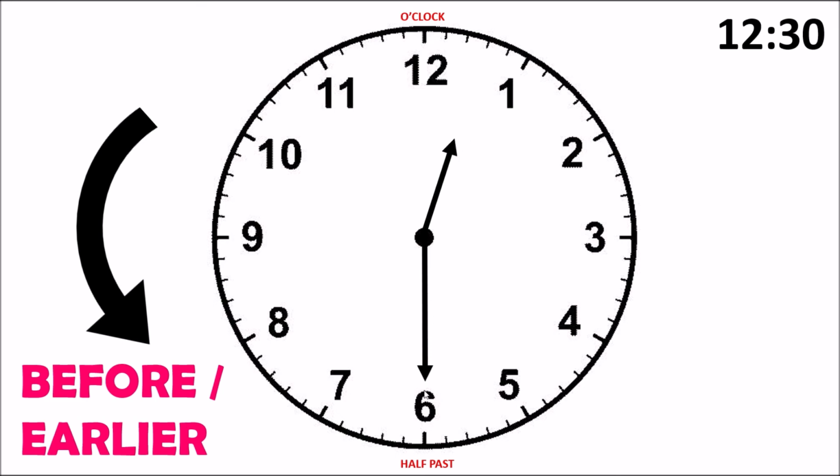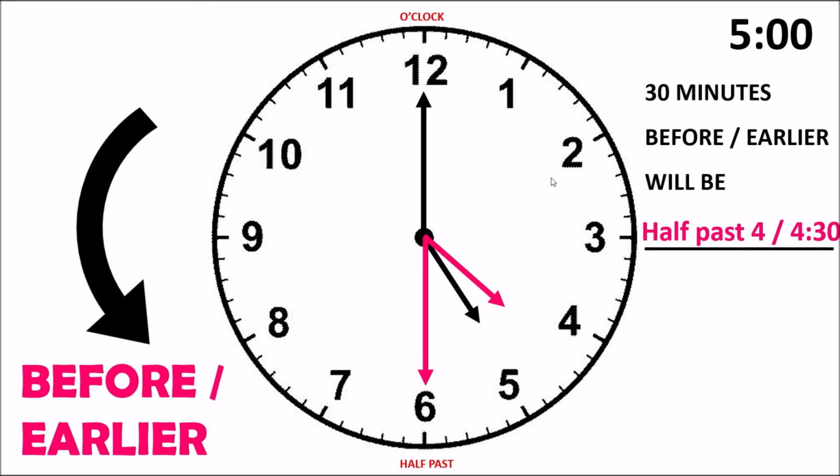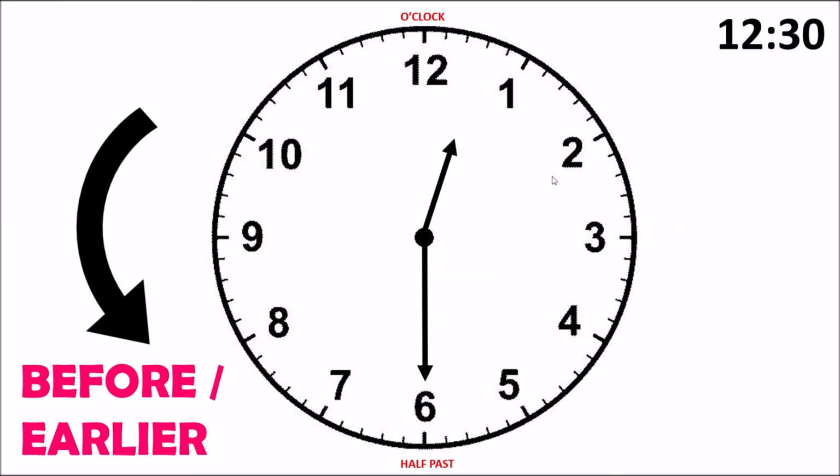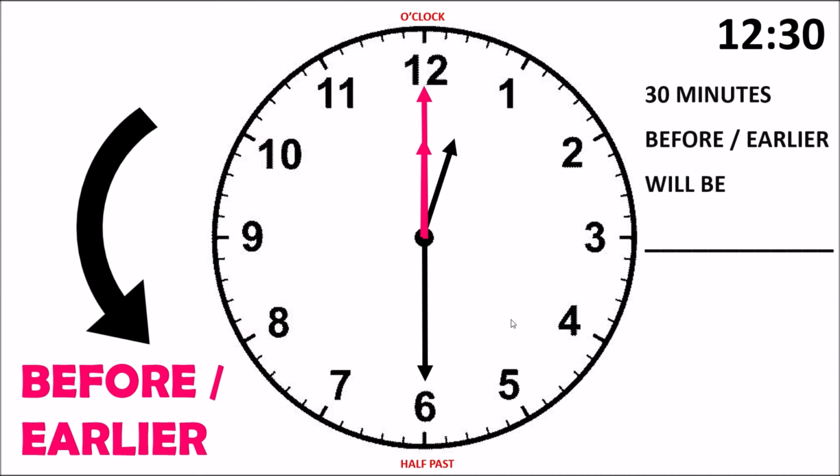So if it's 12:30 and I move 30 minutes before, 30 minutes before, and it goes all the way from the 6 to the 12, and it goes back from the middle back to the 12, 30 minutes before 12:30 will be 12 o'clock.